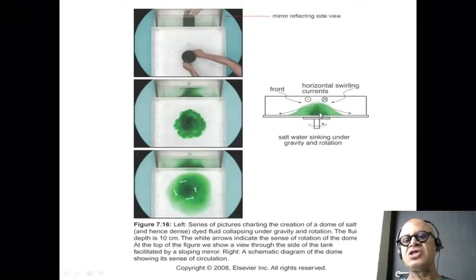So here in the side view, you can see the tank is rotating this way, the front is created this way, and you have a flow that is going into the page here. So we're looking at the tail of the arrow, and it's coming out of the page at us here, looking at the head of the arrow, right? And there is the front. Okay, so there are horizontal swirling currents. What does this remind you of?